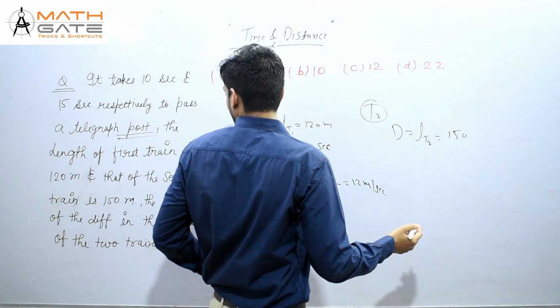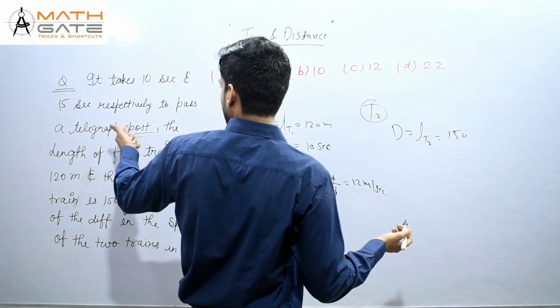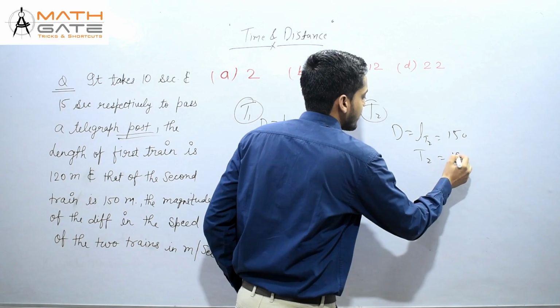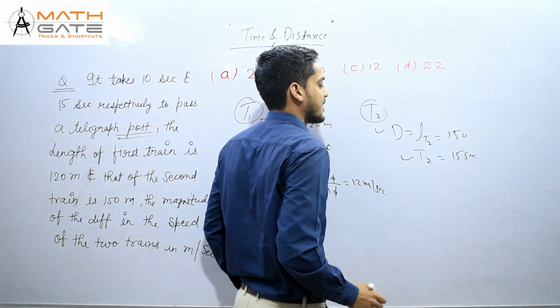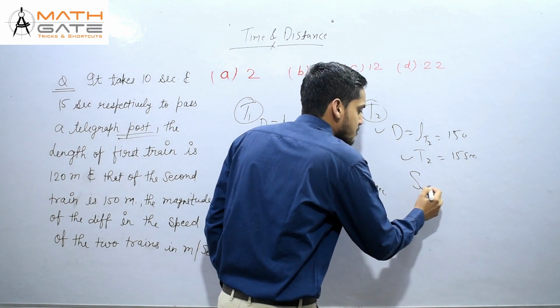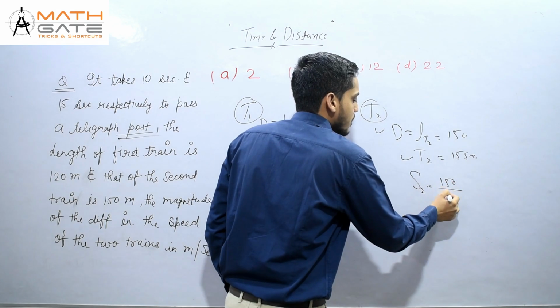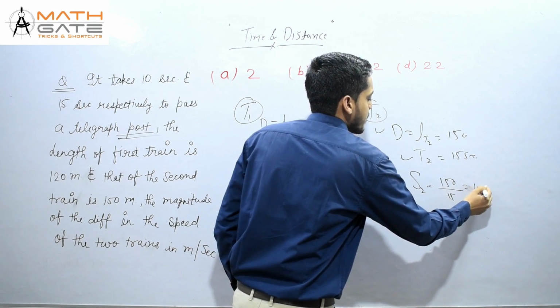It takes 15 seconds to pass the pole, so time for the second is equal to 15 seconds. So we have distance and we have time for the second case. Can we calculate the speed? Distance upon time equals speed. So 150 upon 15 equals 10 meter per second.